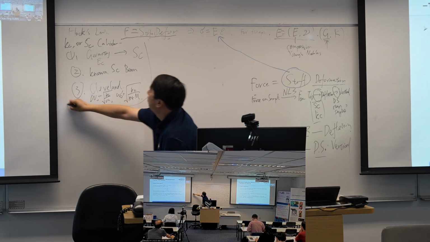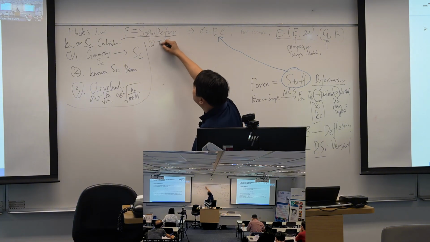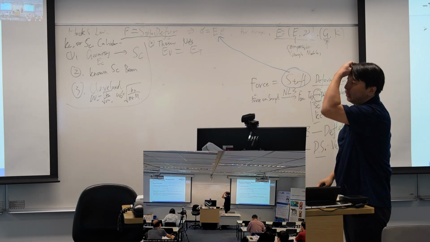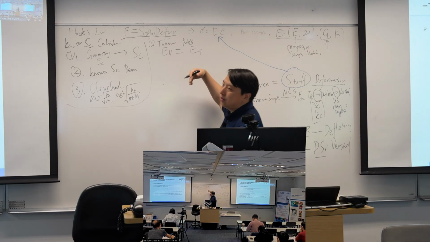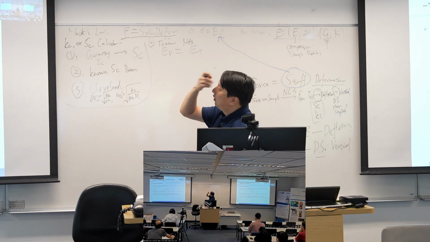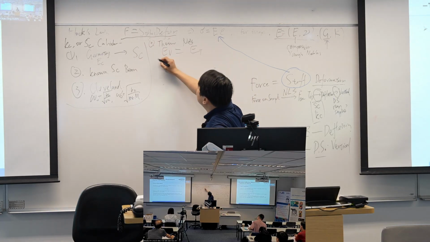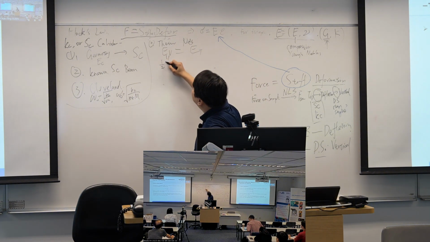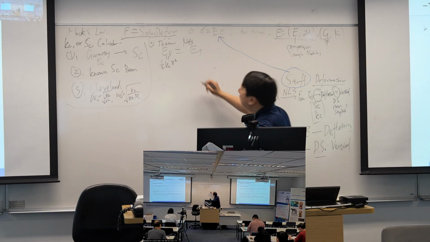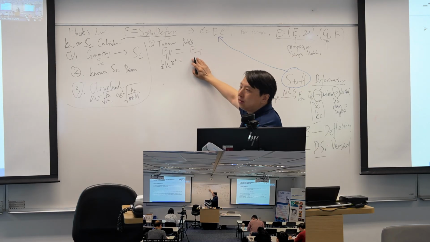So the fourth one is the thermaloid. The vibration energy equals the thermal energy. The vibration energy we get from the work done by the Hooke's law force, so this is actually Kc times Z squared. And the right-hand side is the thermal energy.